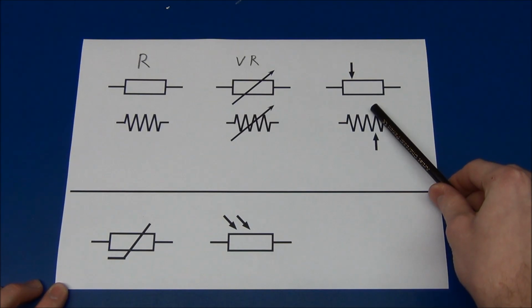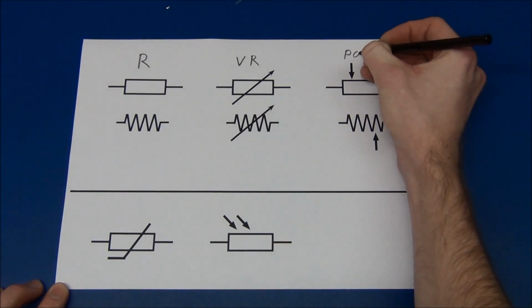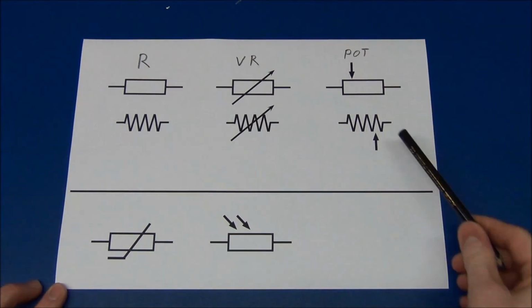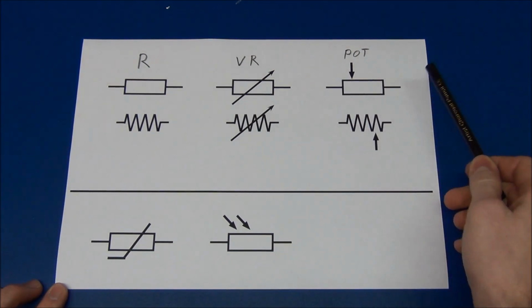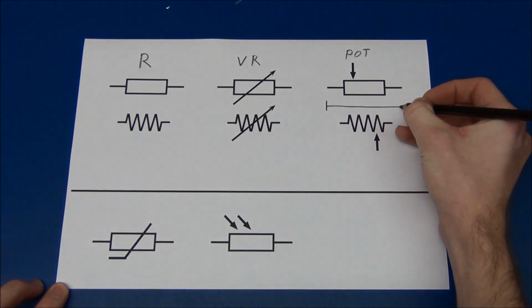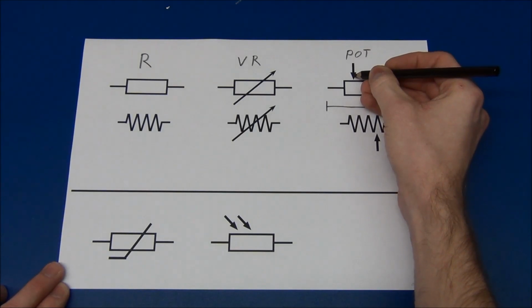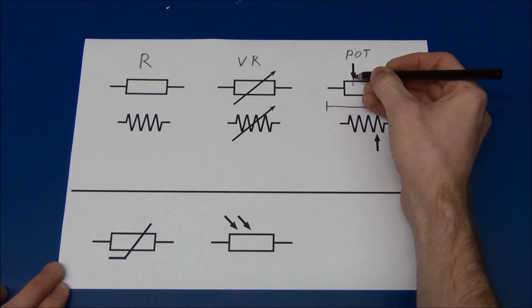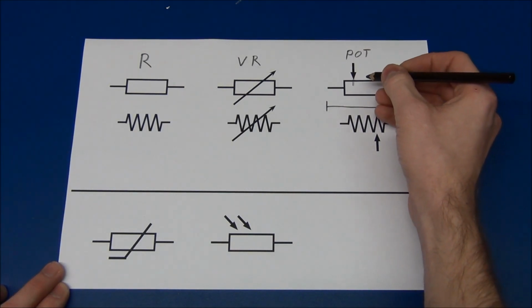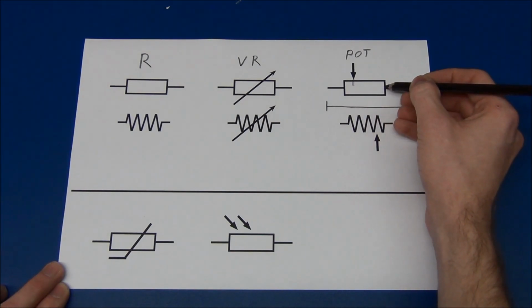And this one might be familiar. That is a potentiometer. And this is a three-terminal device. It's got a fixed resistance between these two terminals, and this arrow is a variable resistance that is basically just connected to a point on the resistor.